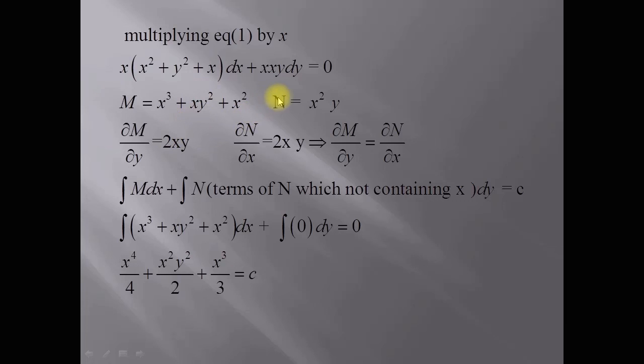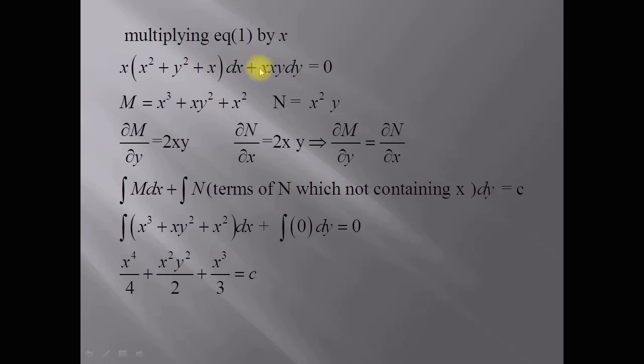Similarly, the partial derivative of N with respect to x is equal to 2xy. Since these two partial derivatives are equal, partial M by partial y is equal to partial N by partial x. So this new differential equation is an exact differential equation.